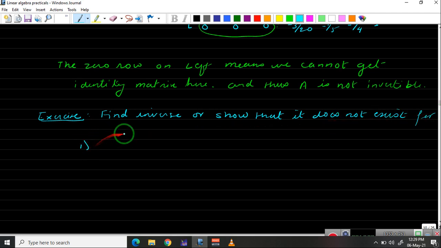First matrix, let me give 1 1 minus 1, 2 minus 1 1, and 1 1 2. You operate the row operations to find the inverse of this.